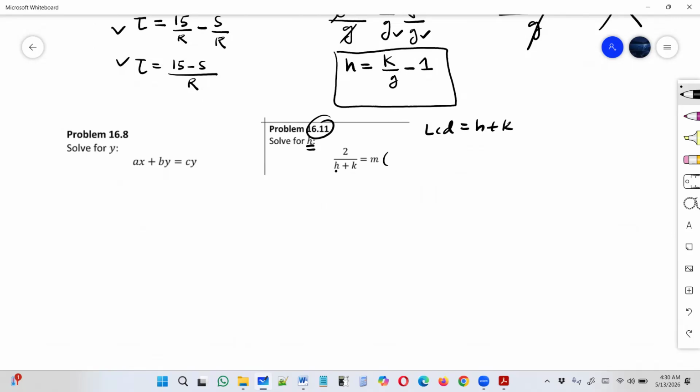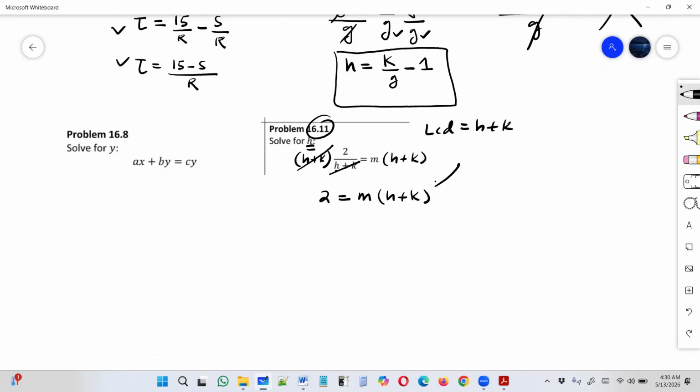We multiply both sides by the LCD, just like we did with rational equations. The purpose of that is to get rid of the denominator or denominators. So on the left side, the h plus k will cancel with this. I'm going to be left with 2 equals m(h plus k).